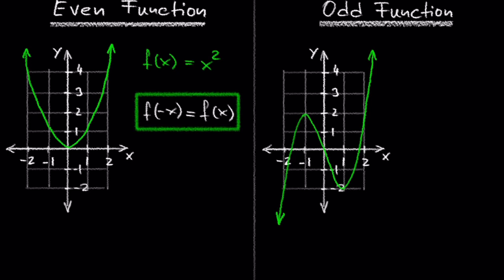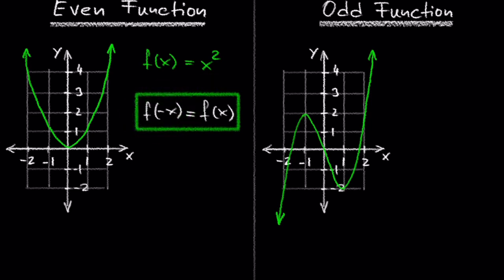To prove that this function is even, we have to show that f of negative x equals f of x for each x in the domain. We know that f of x equals x squared. So the only thing we have to show is that f of negative x equals x squared.